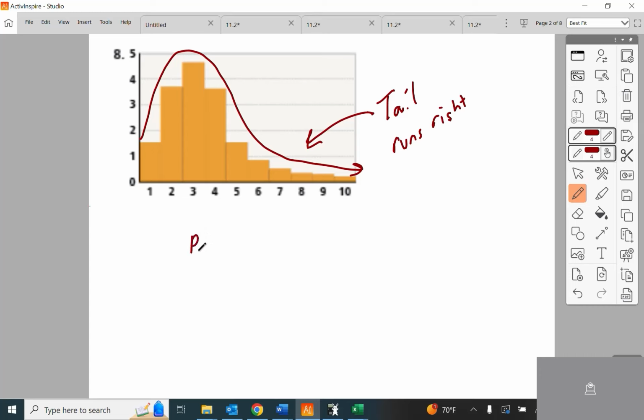This is right skewed data. What does that mean? On a right skewed distribution, I think it generally means that the mean is greater than the median. That's what it usually means. But anyways, it's right skewed data. That's all you're supposed to do.